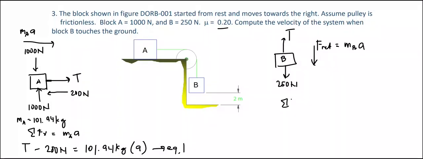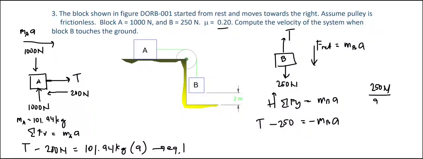Now we take summation of forces vertical equal to mass of block B times acceleration. Considering upward forces to be positive, we have tensile force T minus 250 equal to mass of block B times the acceleration, and the sign for the net force is negative, since it is going downward. To solve for the mass of block B, we divide the weight of block B, that is 250 newtons, by the gravitational acceleration of 9.81 meters per second squared.